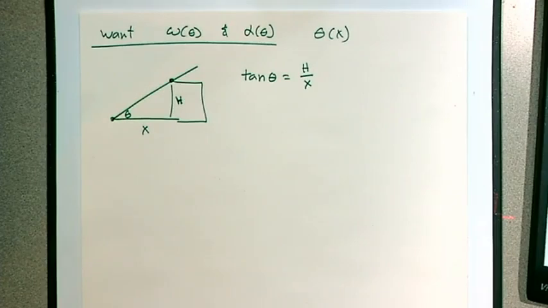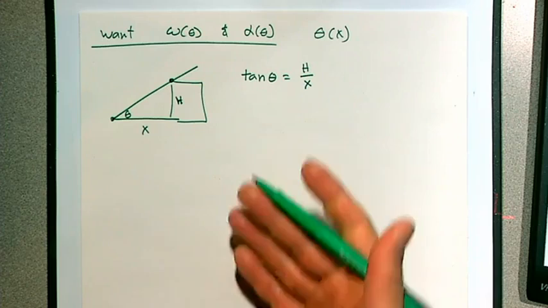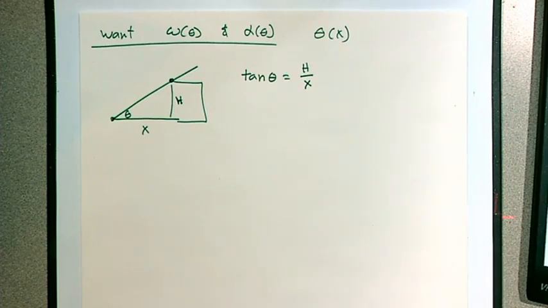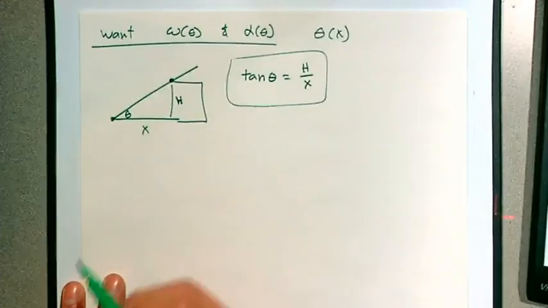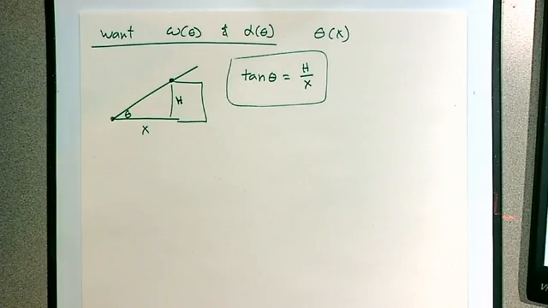That's the easiest part. This one is goofy in that the calculus is a little weird, you've got to think about derivatives of tangent, which we don't think about every day. But this is the heart and soul of the problem. I've related some variables. Now we can start taking some time derivatives and see what happens.